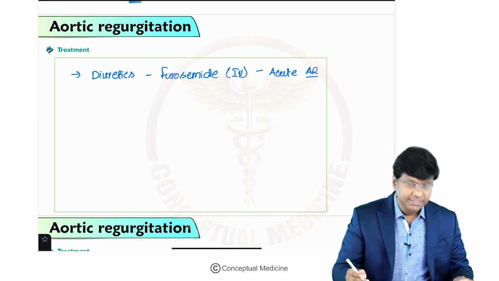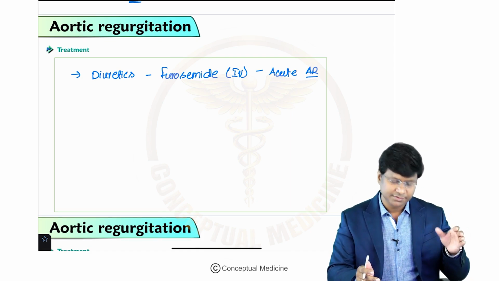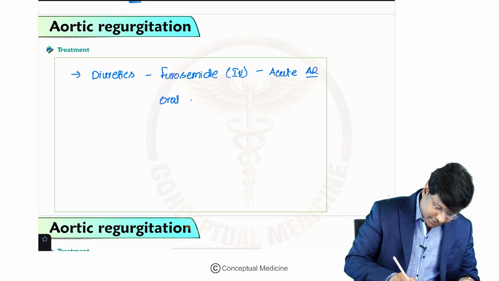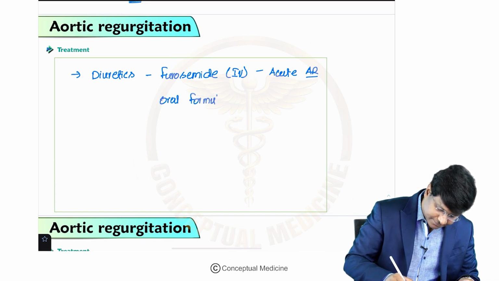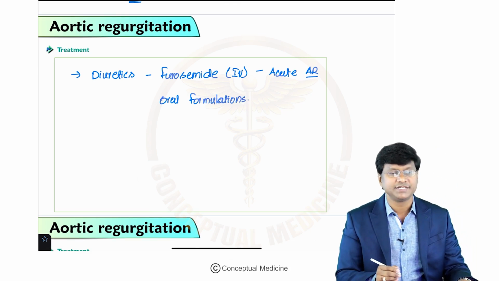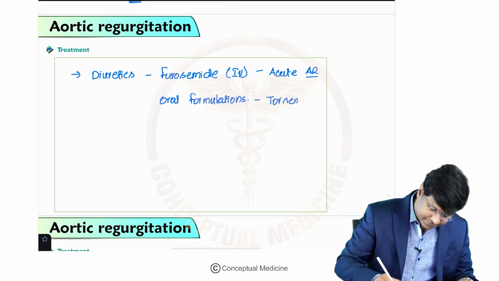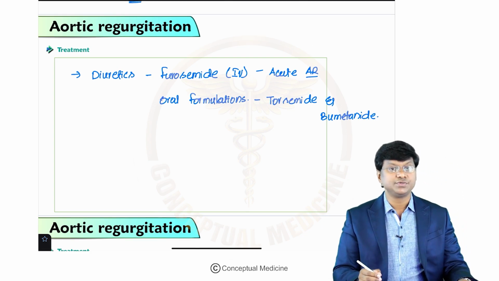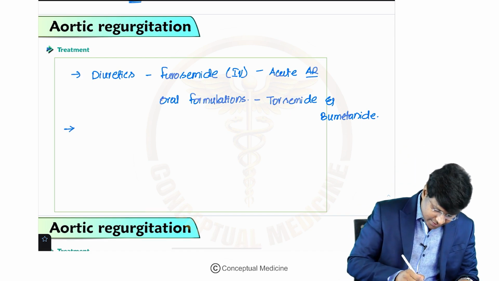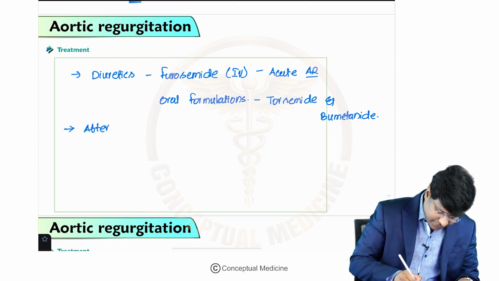But for suppose if the individual is having chronic aortic regurgitation, then you can give oral formulations as well, like torsemide and bumetanide. So that is your supplementation of diuretics. And then you also need to give the drugs for afterload reduction.